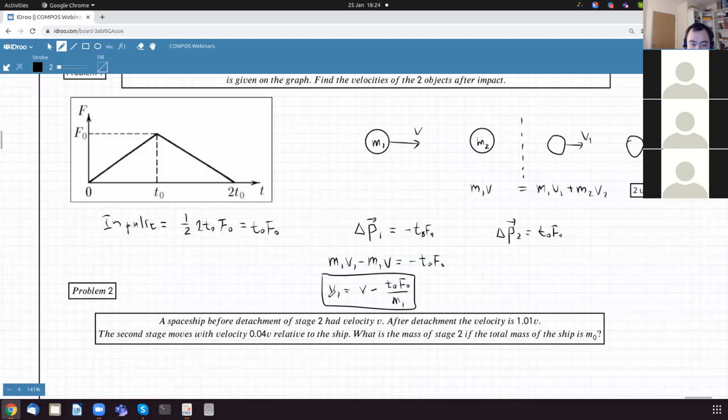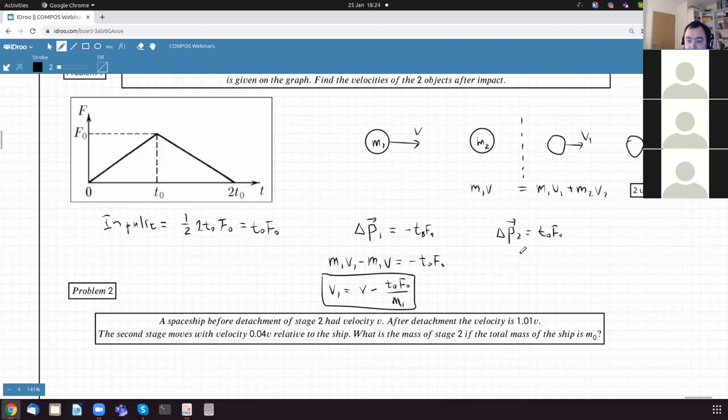As you can see, the speed is decreased by this value, and depending on t0, f0, and m1, it could be that the ball is moving backwards. We don't know that, but the ball could be moving backwards, depending on these values.